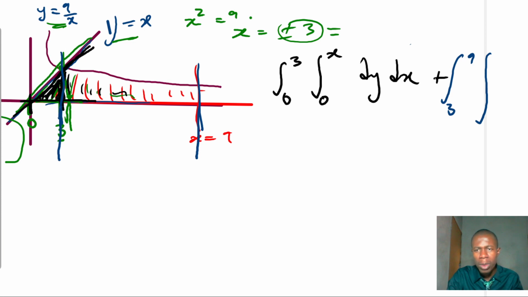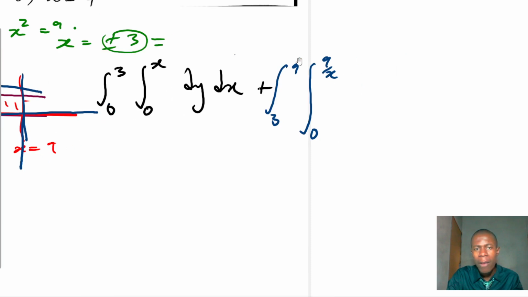Then y will start at 0, the lower boundary, and end at y equals 9 over x, the upper boundary. Since this is for y, it will be dy and the x.